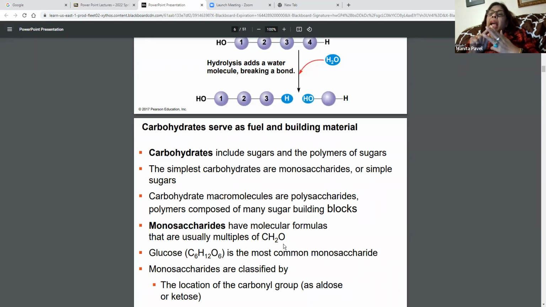So let's look at the structure. What is the structure of carbohydrates? We've seen the formula would be CH2O. It is the hydrate of carbon, with water in parentheses to the power of N. So it's the hydrate of carbon containing the elements carbon, hydrogen, and oxygen.